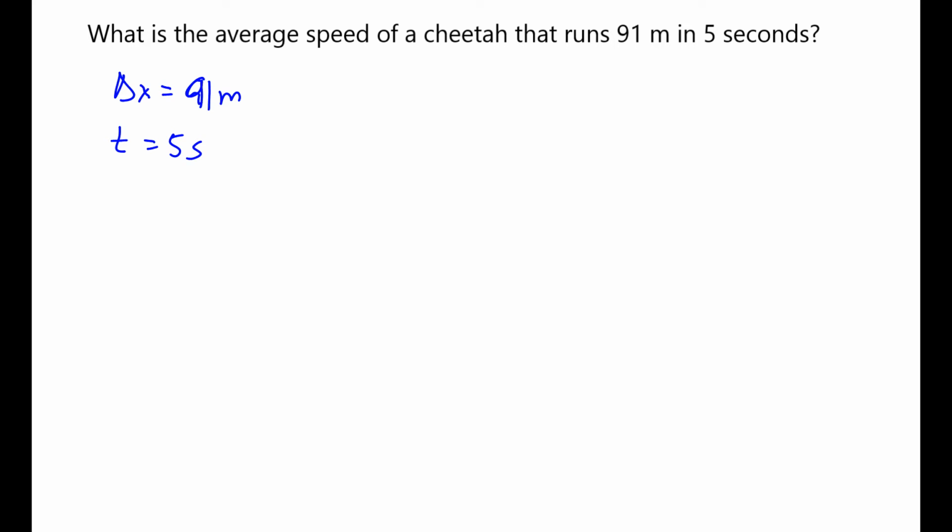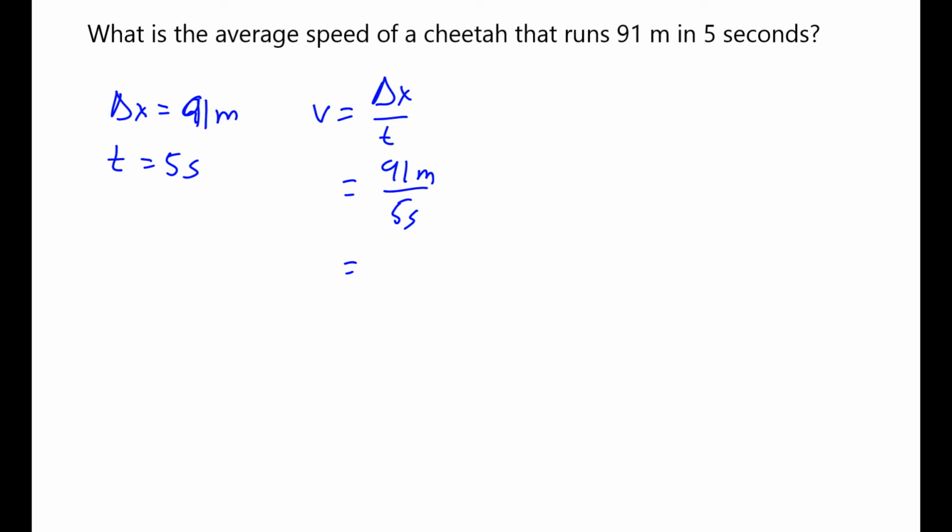We can just use v equals delta x over t. So 91 meters divided by 5 seconds. Somebody want to do that in their calculator? 18.2 meters per second is the average velocity for that cheetah. Anybody have any questions over that one? We started out very difficult.